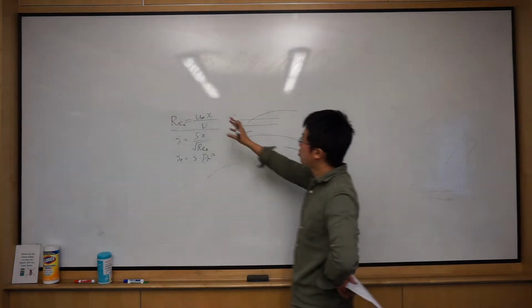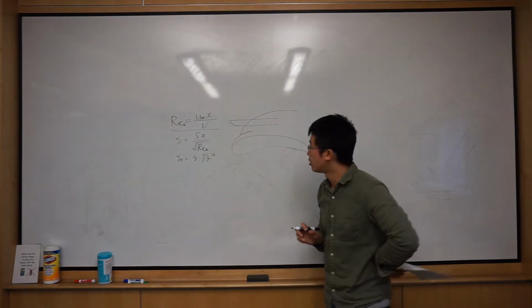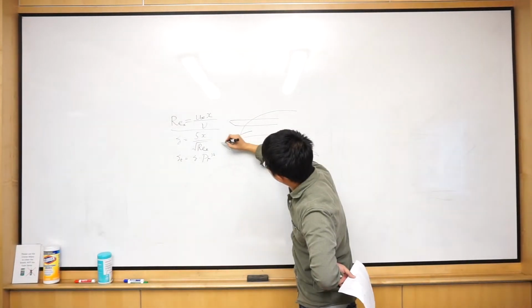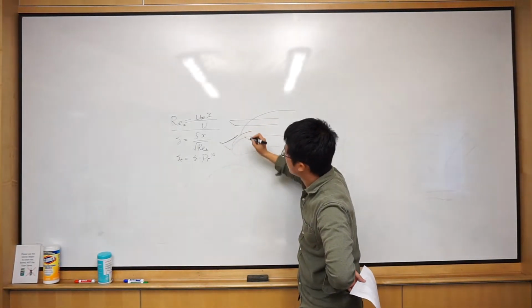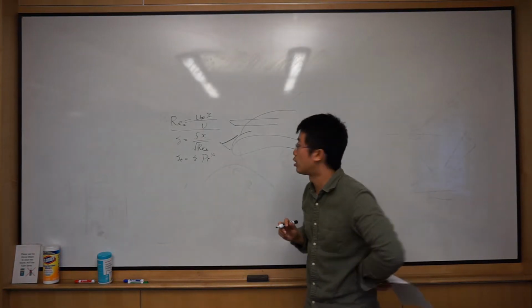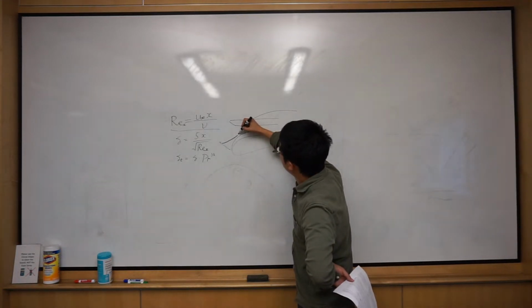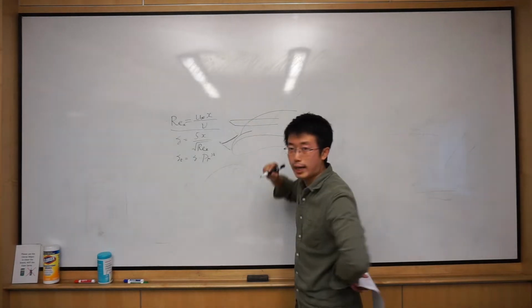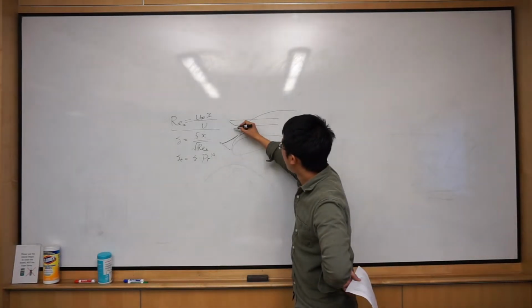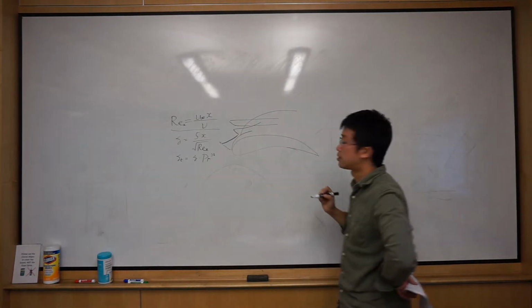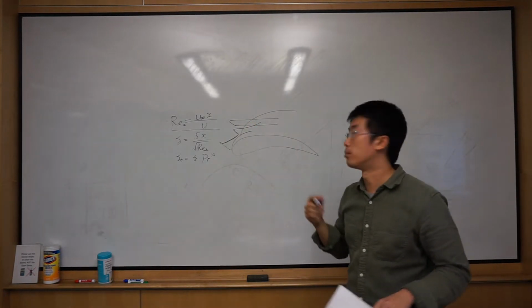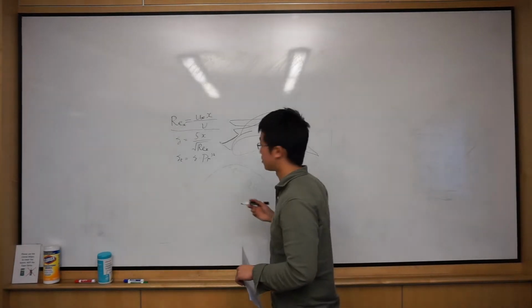So we can still use this kind of method to think. And again, locally, the heat transfer coefficient will first decrease as the laminar boundary layer develops, then it will jump at the transition region, and then decrease again as the turbulent boundary layer gets thicker.